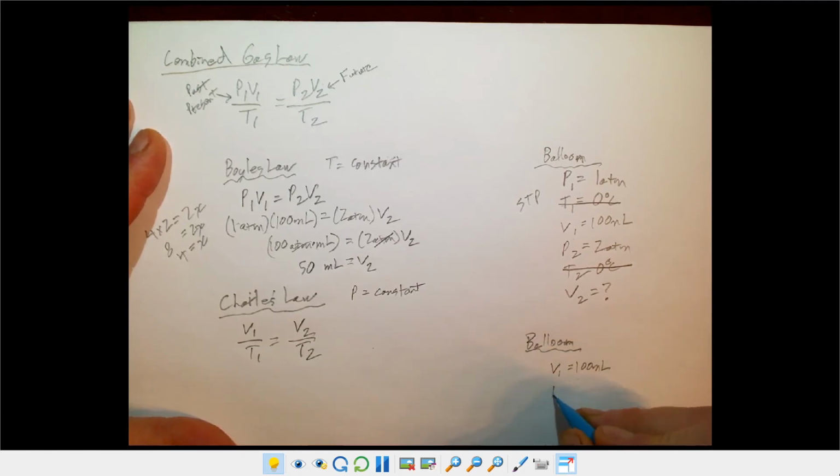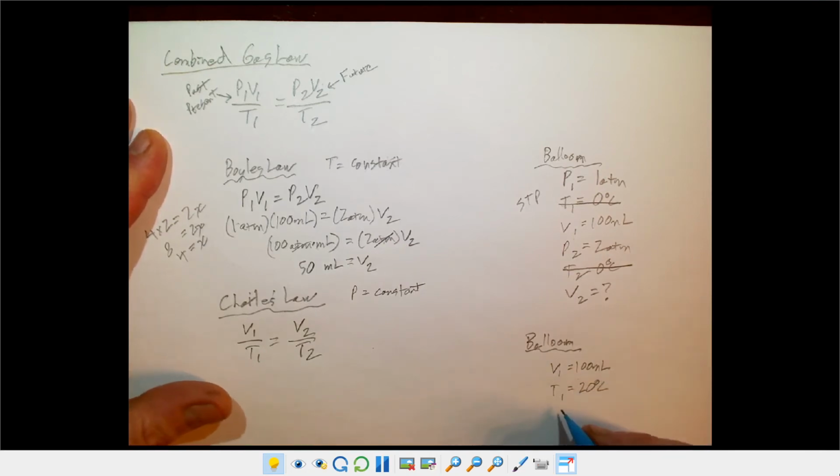And let's say that the temperature is 20 degrees Celsius. And the pressure is going to be a constant. Let's say it's 1 atm again, or let's change it. Maybe we'll make it 4 atm. And then as far as the final volume is concerned, let's say we don't know what that is. We're trying to figure out what that is.